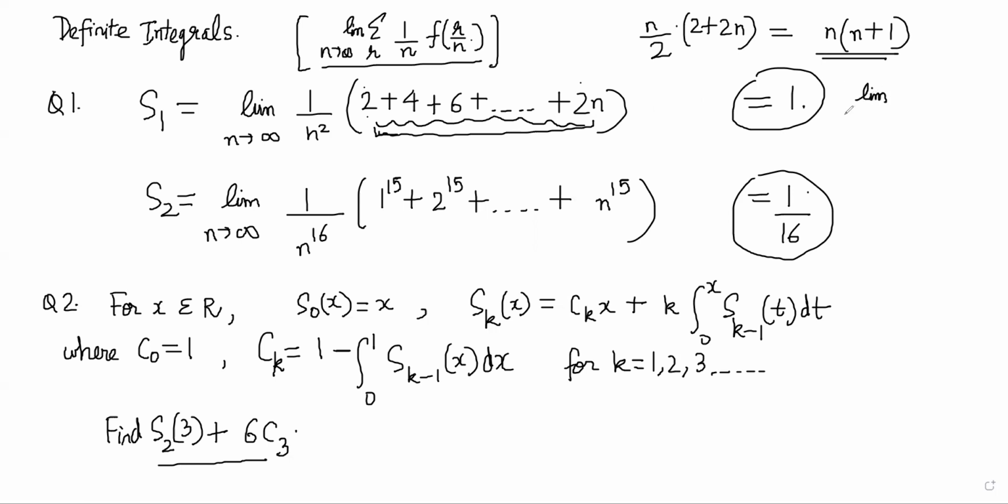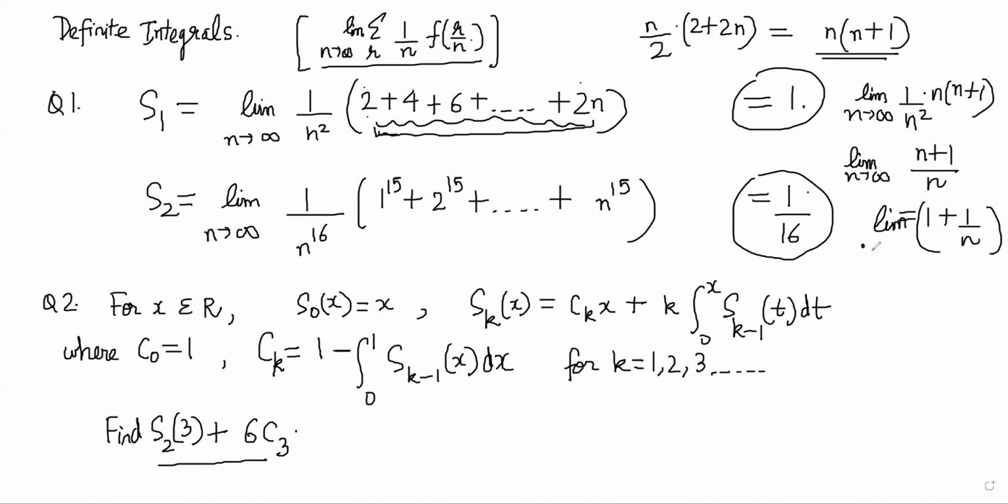Limit of n tends to infinity, 1 by n square into n plus 1. So what is this limit? This is easy, no? 1 plus 1 by n, limit. So we can find the limit directly.